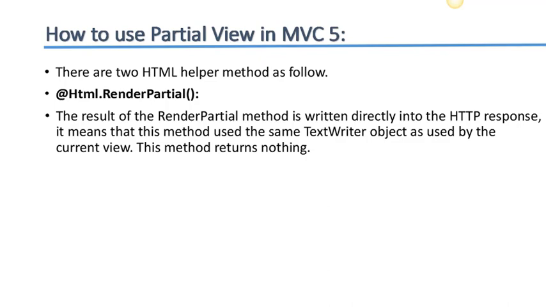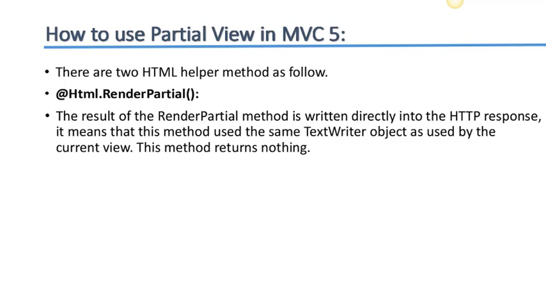It means that this method uses the same text writer object as used by the current view. Whatever text writer object is used by the current view, the same object is used by the RenderPartial method also, and it directly returns the response into the HTTP response object.